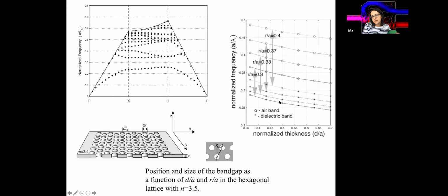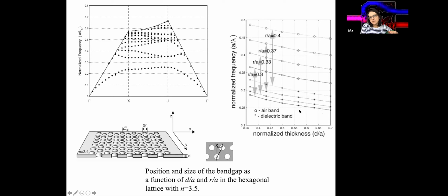What is happening as you're increasing D over A? Meaning you take that slab, you fabricate an R over A 0.3 triangular lattice photonic crystal, and then you go to the clean room and start depositing, using atomic layer deposition for example, extra material on top of your slab. Or you start thinning it down, which would go in the different direction, slowly etching it with a reactive ion etcher. What is the trend?